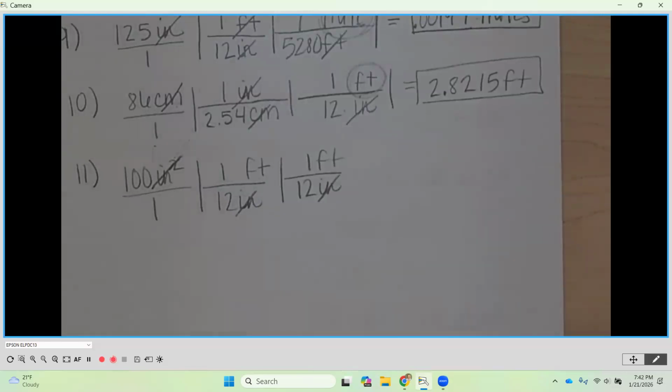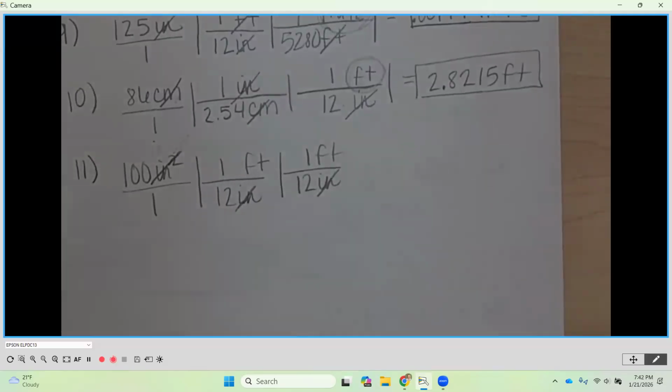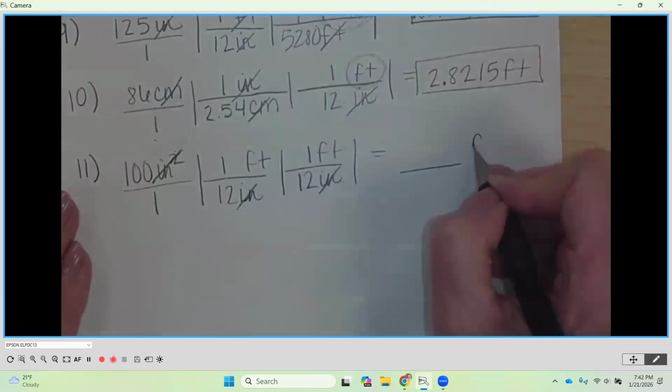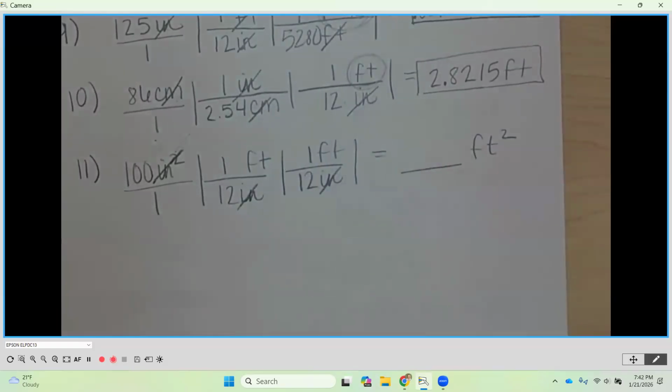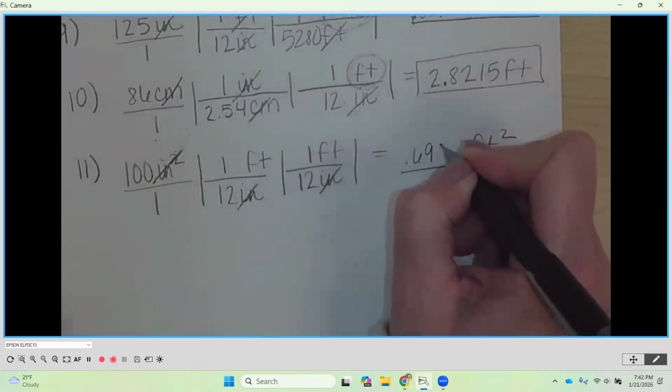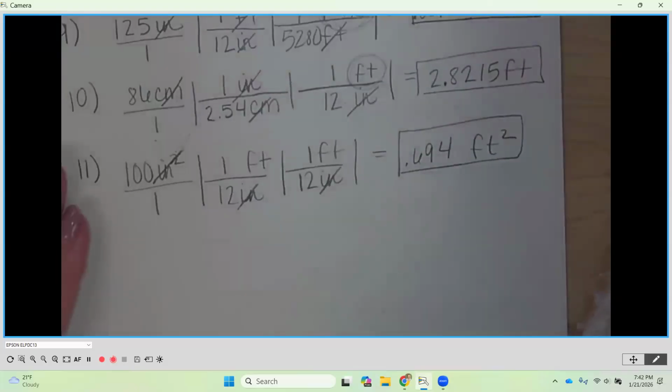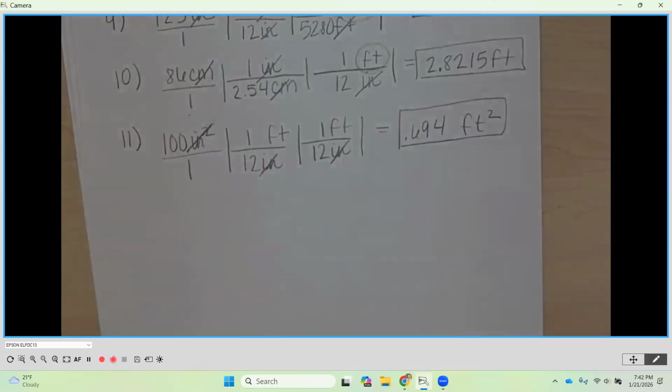All right, so now we're going to take 100 divided by 12, and that's what we're going to get for square feet. .694 about, and I think 4 repeating.